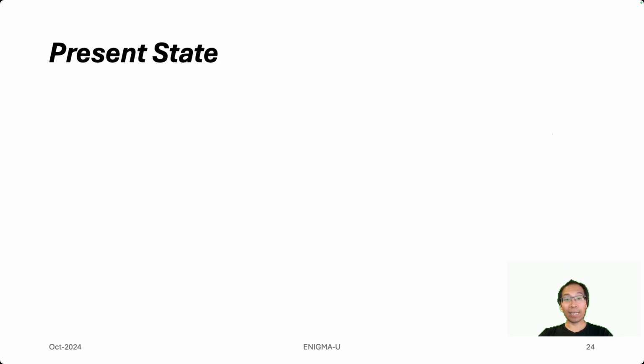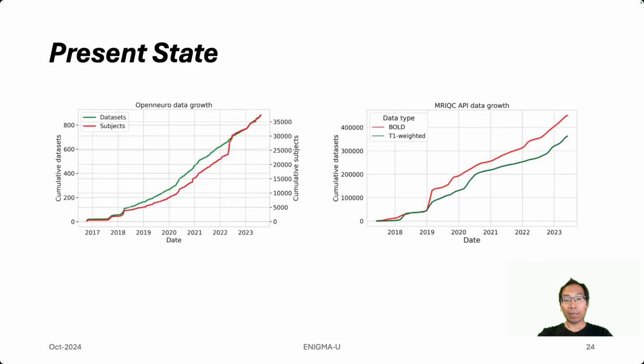As for the present state, it is hard to know exactly how many researchers are currently using BIDS in their study, but it can be reflected in the increasing number of open neural data sets and the databases that have administered MRIQC. As the figure shows, quite a lot of researchers have tried to use BIDS in their projects.